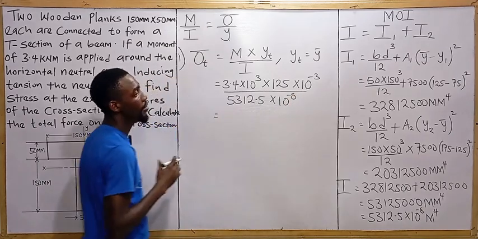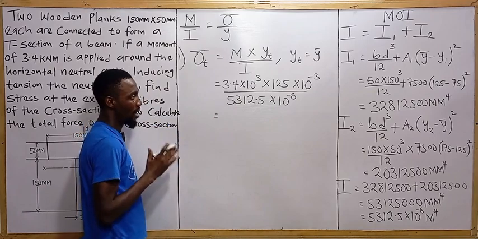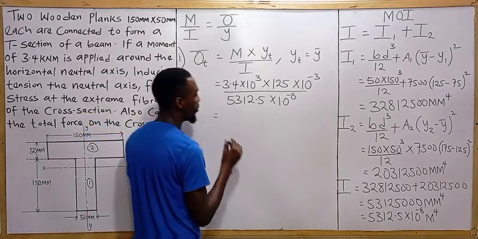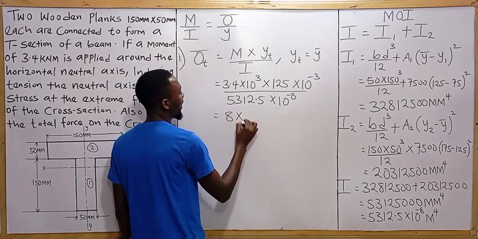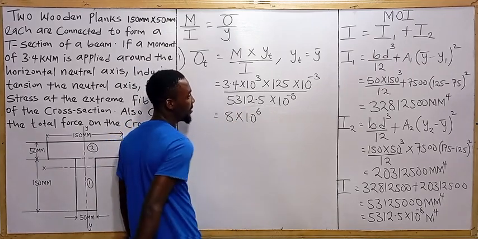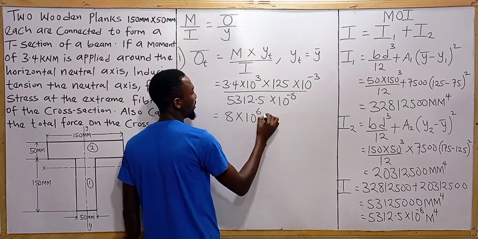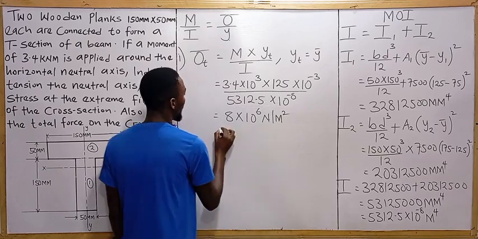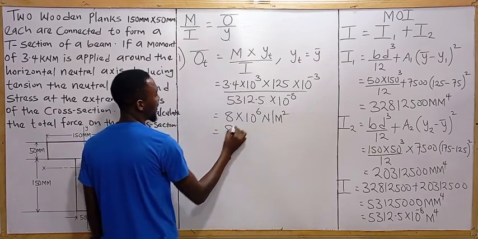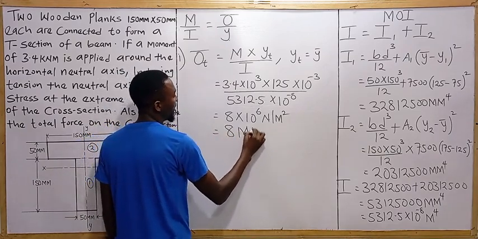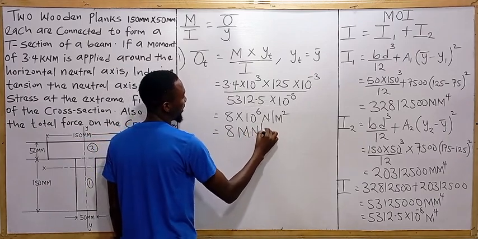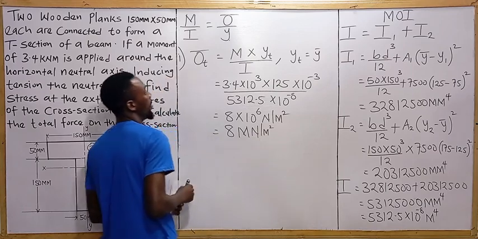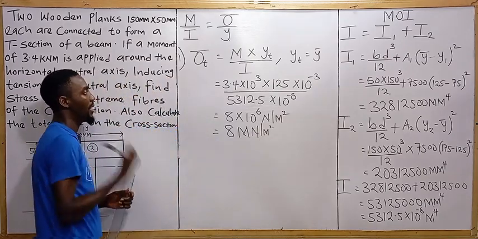By the time you press this, you are going to have 8 multiplied by 10 to the power of 6 Newton per meter squared, which you can further rewrite as 8 mega Newton per meter squared.